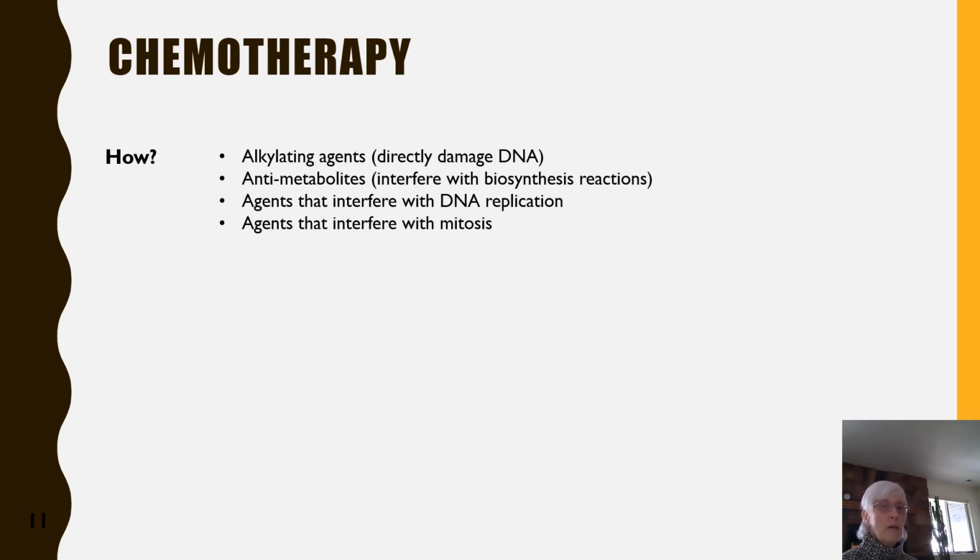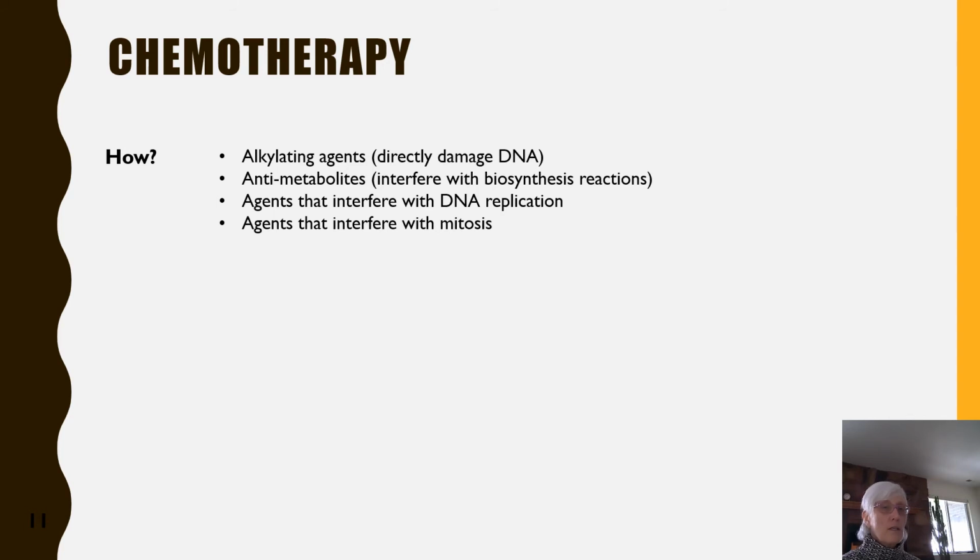The chemicals that are used fall into one of four categories. They are either DNA damaging agents called alkylating agents. They are anti-metabolites, so these are chemicals that interfere with the normal metabolic reactions that rapidly dividing cells are using. They are agents that interfere with DNA replication, so they stop cells from replicating DNA normally during the cell division cycle.